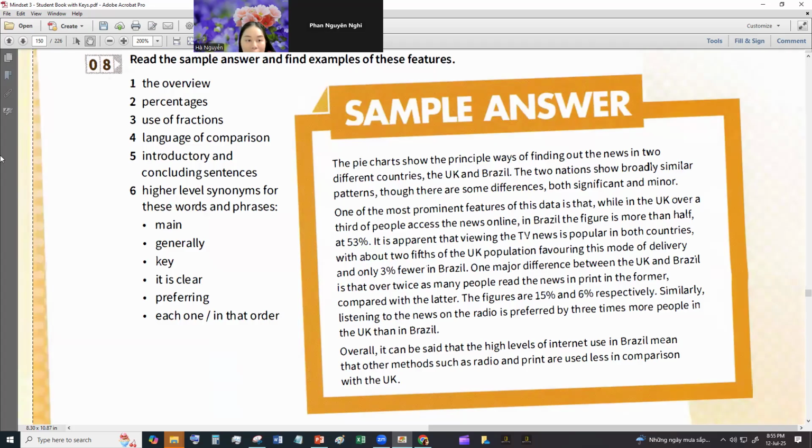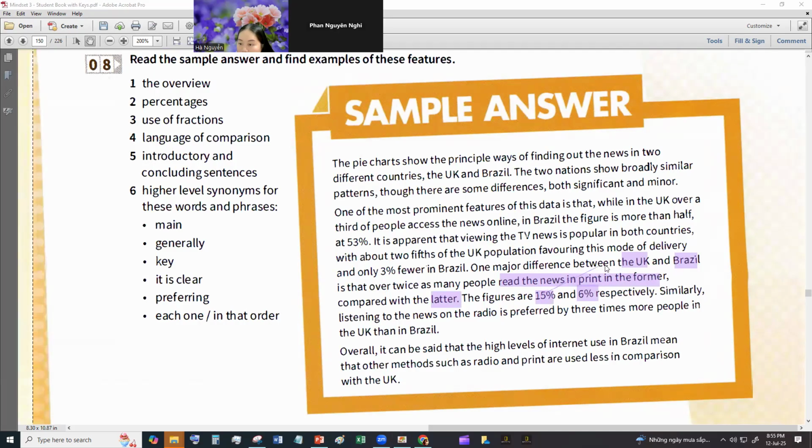The order has been mentioned: the UK and Brazil. So the former is the first one and the latter is the later one, the second one. And the figures are 15% and 6% respectively. So 15% is for the UK and 6% is for Brazil.